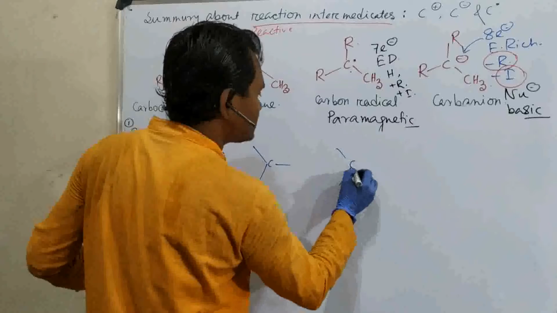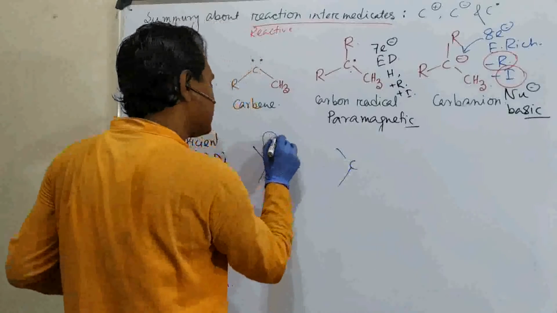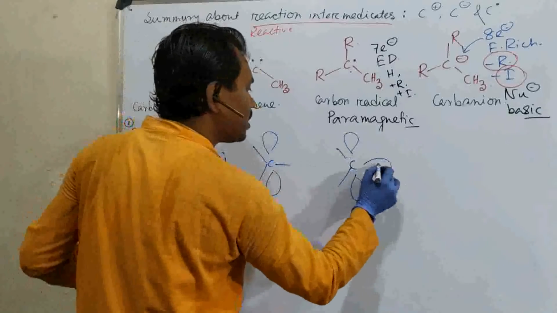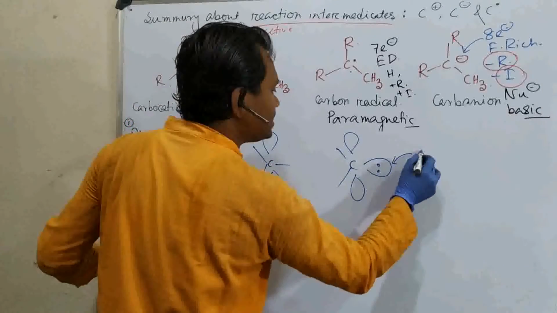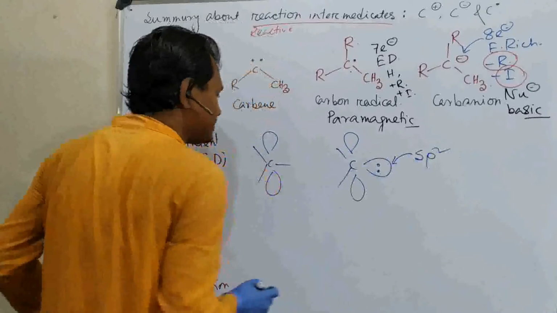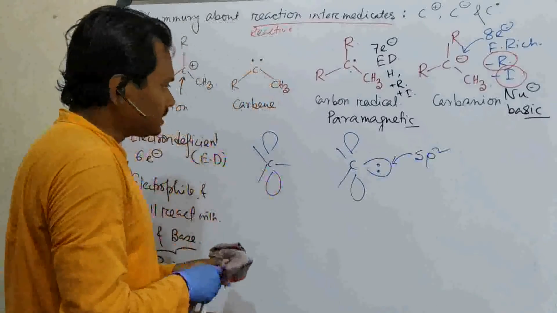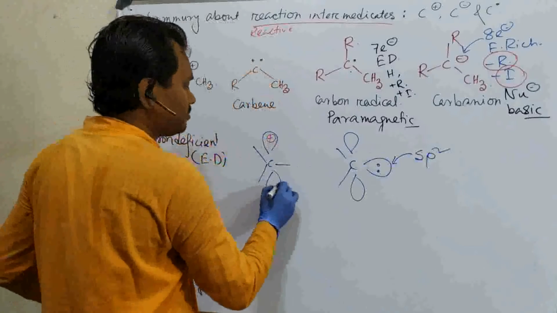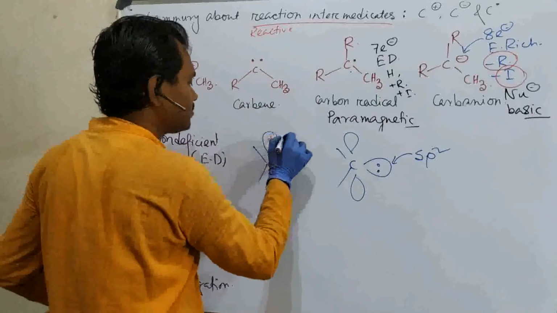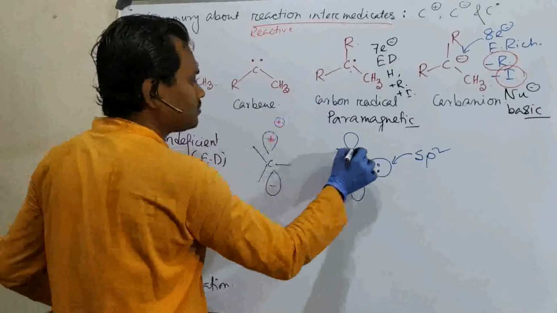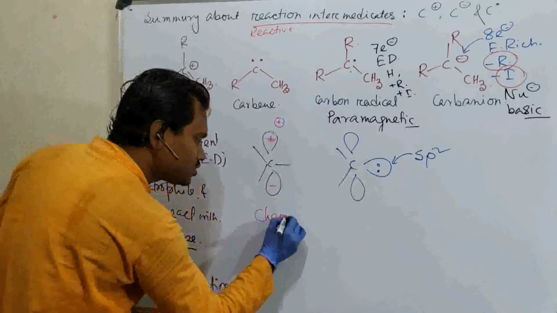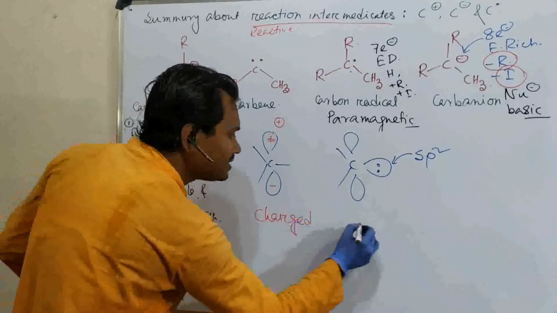This versus this. In both cases there is a vacant p orbital. But the difference is that, in the case of the carbocation, it is actually charged, but this is neutral.